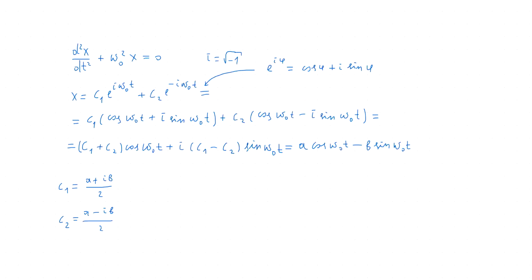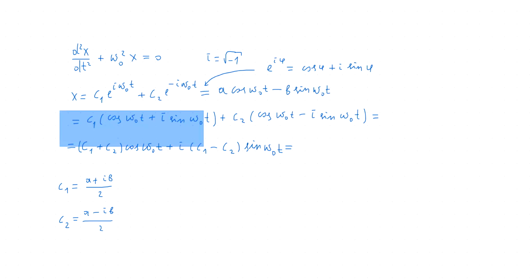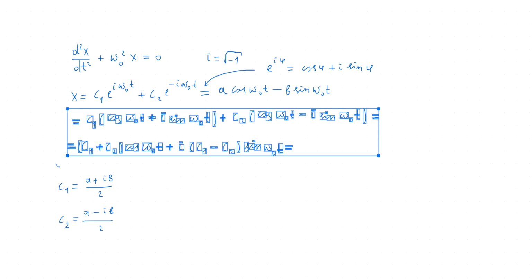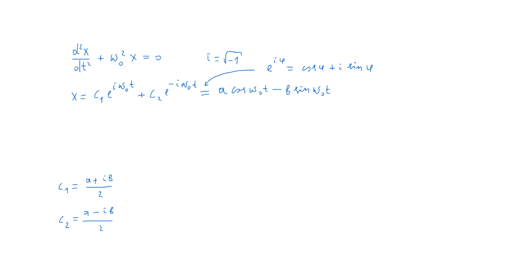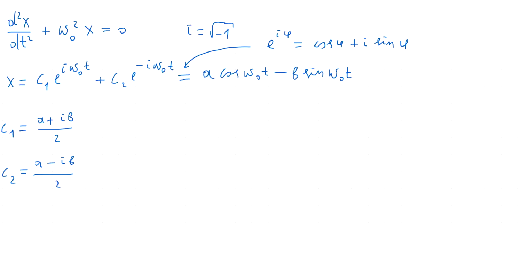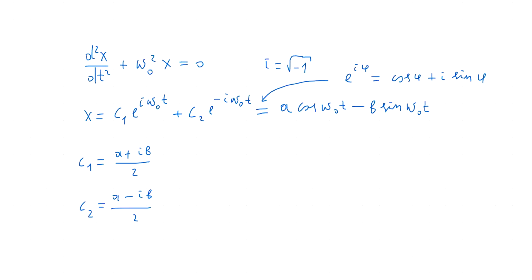And I'll write just a final result. And what does it mean? It means that we have obtained the form of solution that doesn't contain complex numbers. Why?